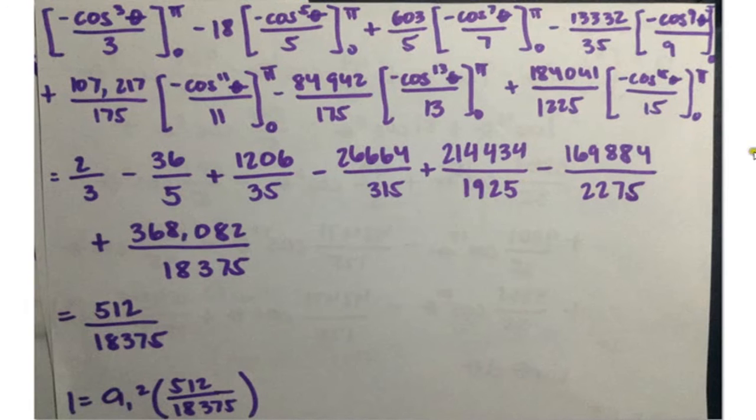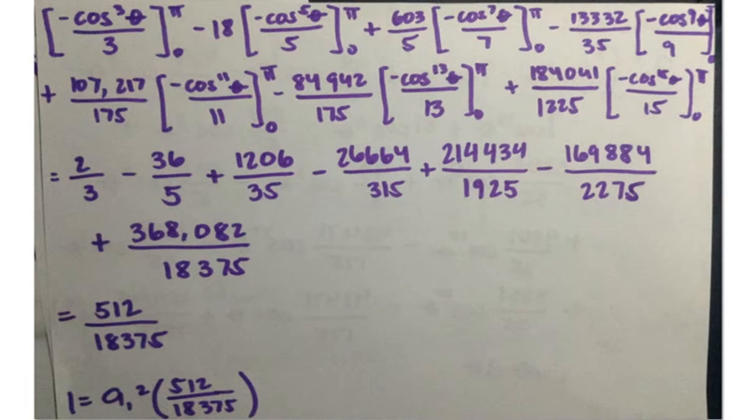So if you do it with the other values, you will get 2 over 3 minus 36 over 5 plus 1,106 over 35 minus 26,664 over 215 plus 114,434 over 1,125 minus 169,184 over 2,275 plus 368,082 over 18,175.